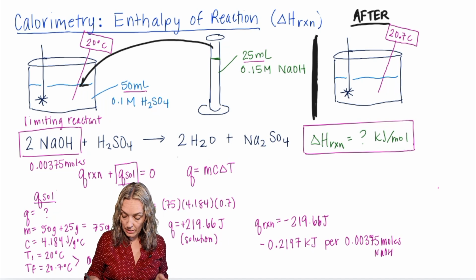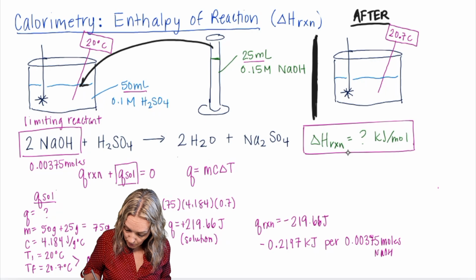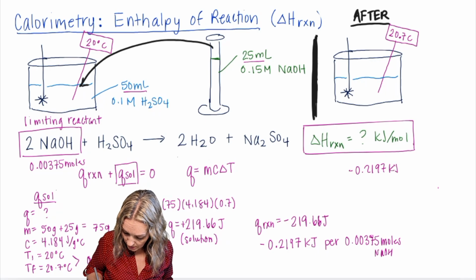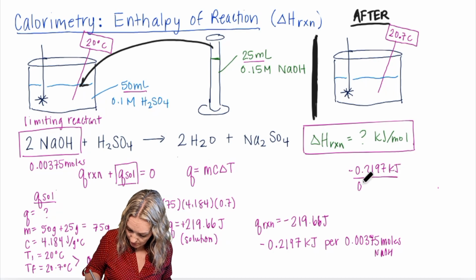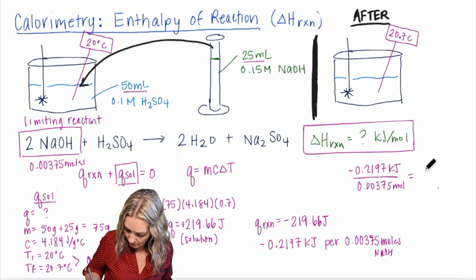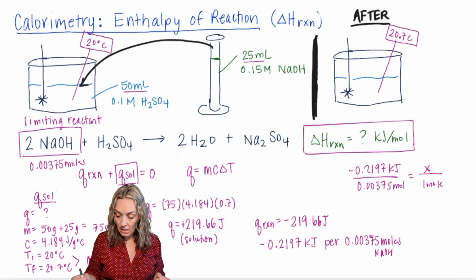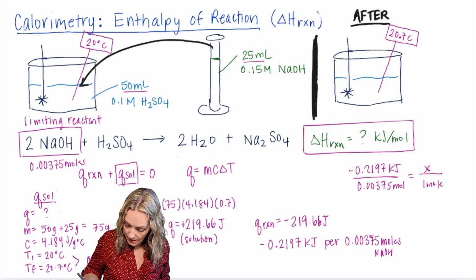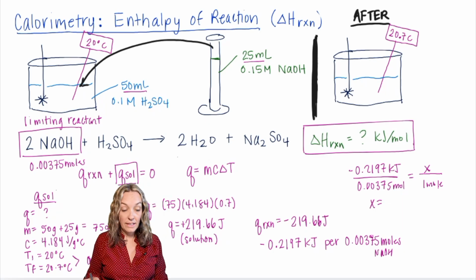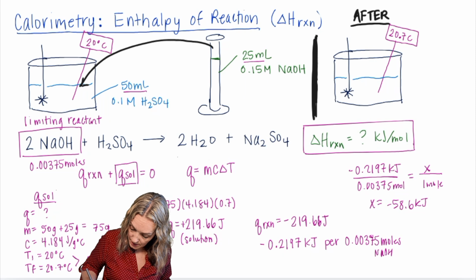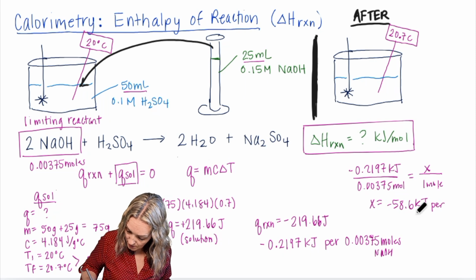There's a couple of ways to do this, but if you are a ratio person, 0.2197 kilojoules is to 0.00375 moles, as some amount of kilojoules is to 1 mole. You can simply do cross multiplication here in order to solve, and we find that our answer is negative 58.6 kilojoules. This is per mole of NaOH.